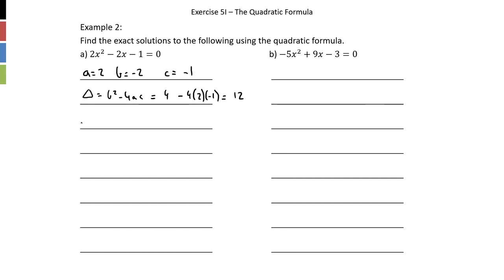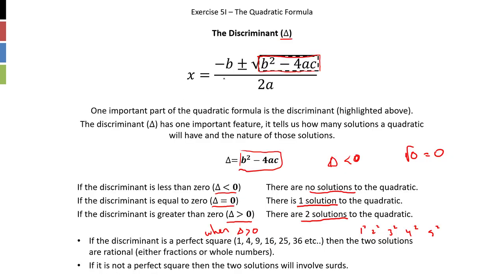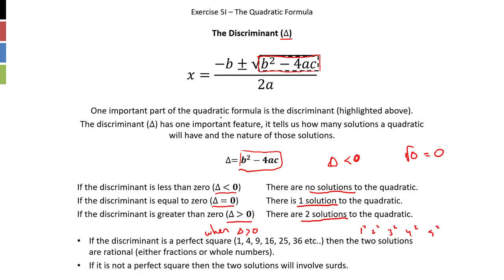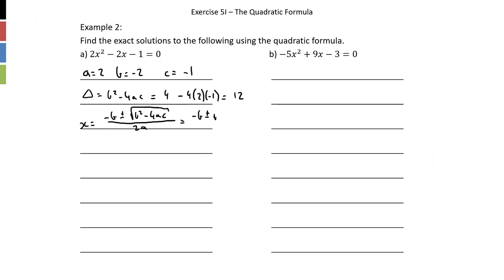Okay, so our full equation, x is equal to negative b plus or minus the square root of b squared minus 4ac, our discriminant inside, all on 2a. We can actually write this now as negative b plus or minus the square root of the discriminant on 2a.